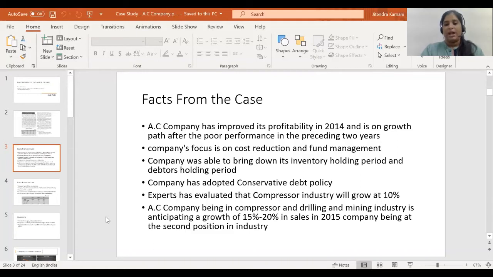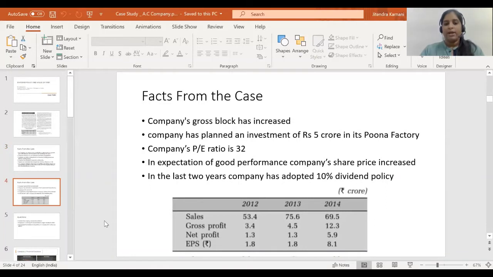There are three categories of firms: one is growth, second is declining, and third is stable. So I'll move ahead with my facts from the case.